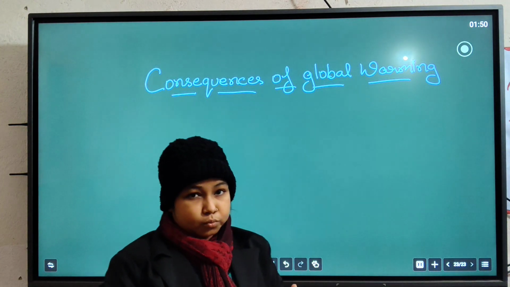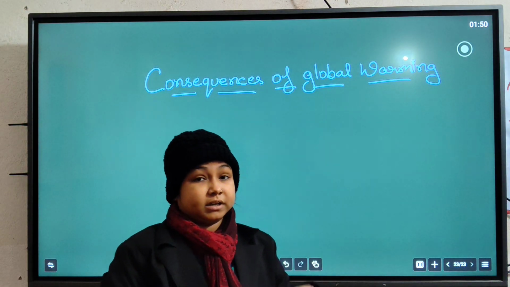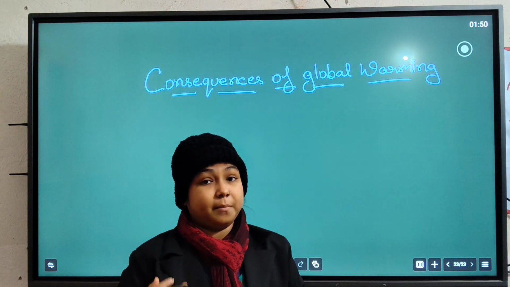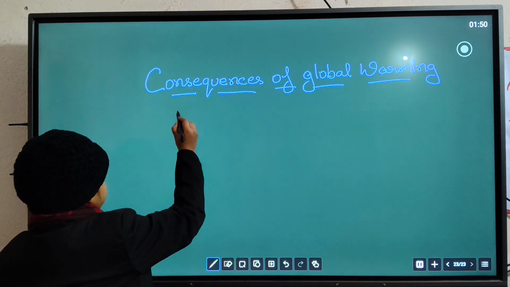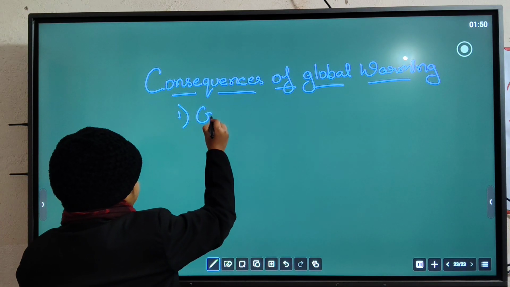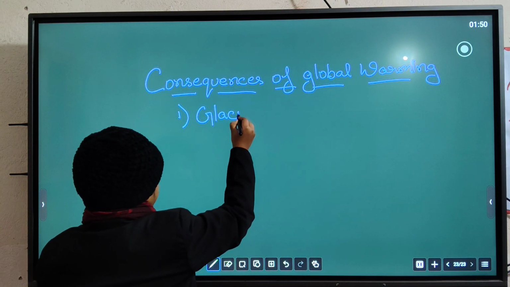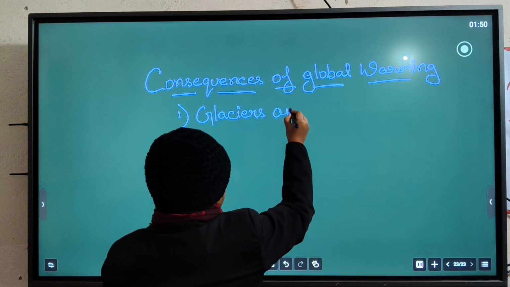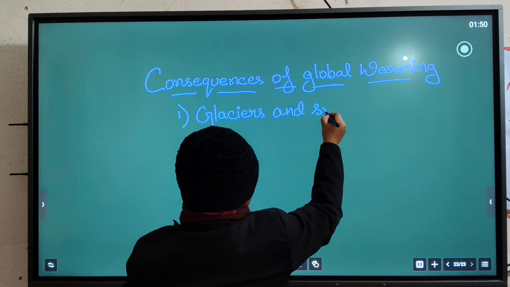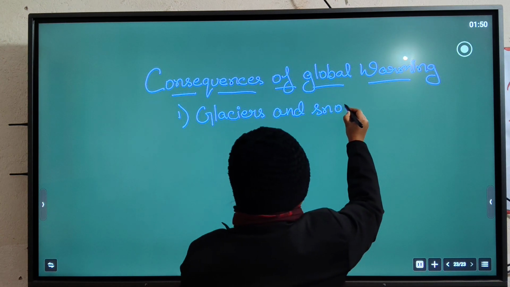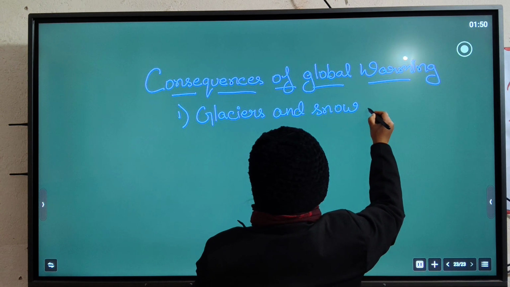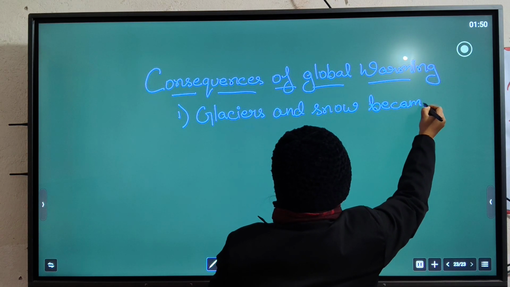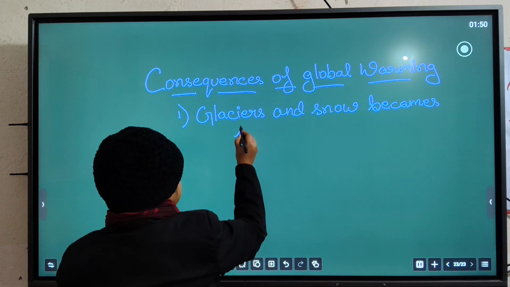The ice and snow present on our globe become warmer and start melting. So this affects firstly the glaciers and snowy areas, which start melting.